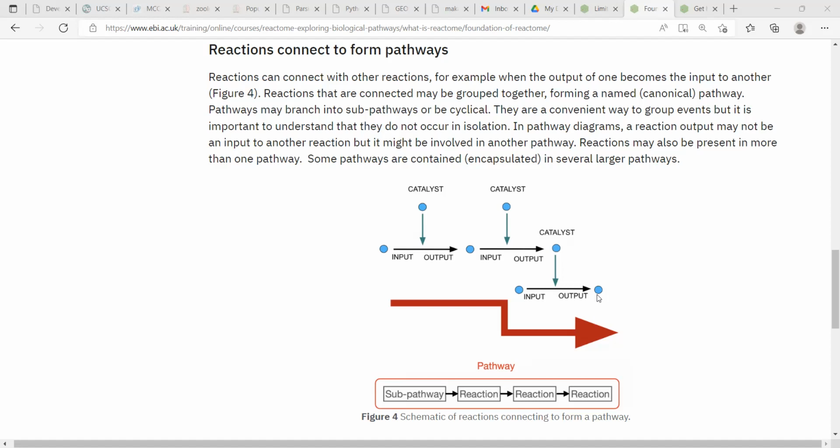When I was working on my rice microRNA mediated pathway analysis, I found that some enzymes are involved in a single pathway, and some are involved in many different pathways.